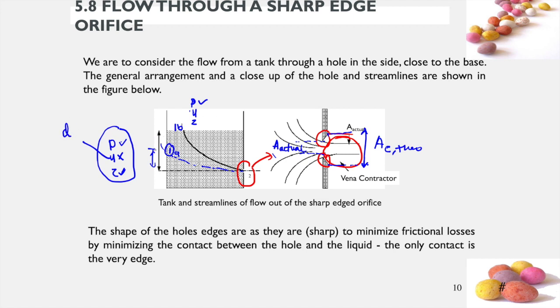Do we have the diameter of the tank? Of course not. Sometimes it will not give you the diameter of the tanks. Therefore, you cannot choose this, and you cannot solve for the velocity. Why? Because if you apply Bernoulli's equation, you have two unknowns.